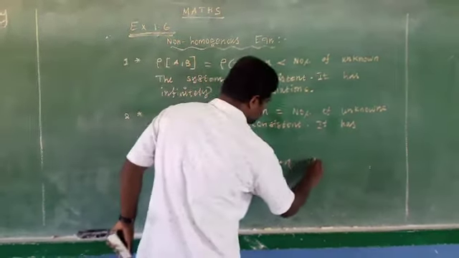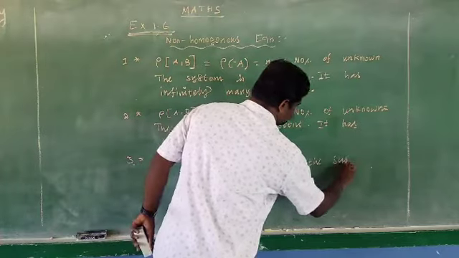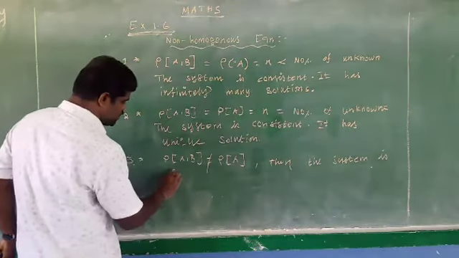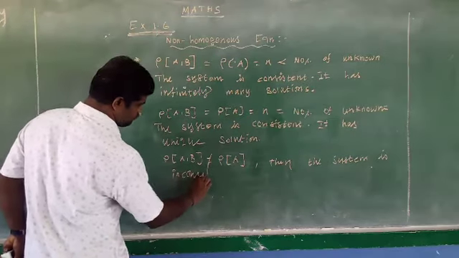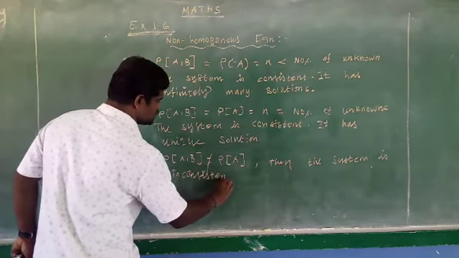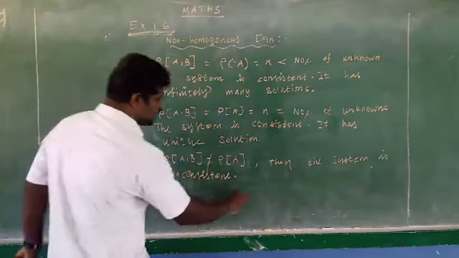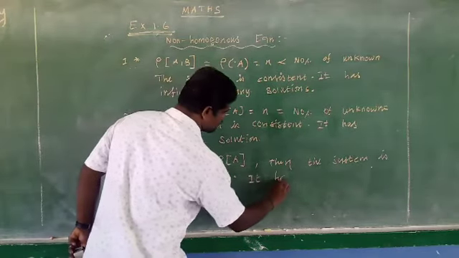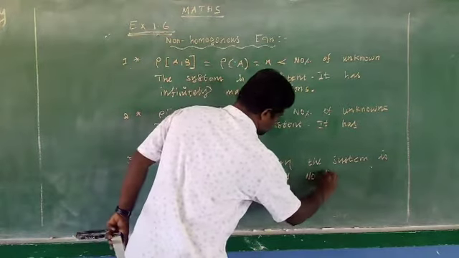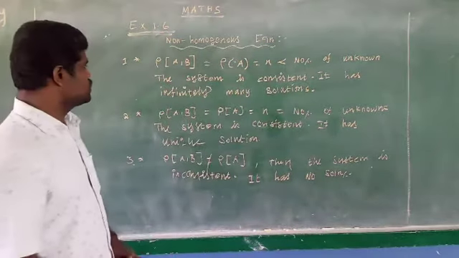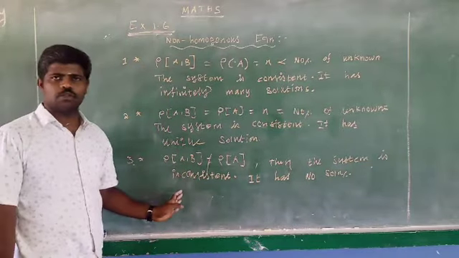Then the system is inconsistent. It has no solution. So these are the three kinds of solutions.